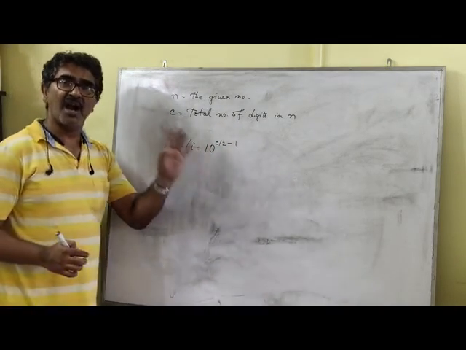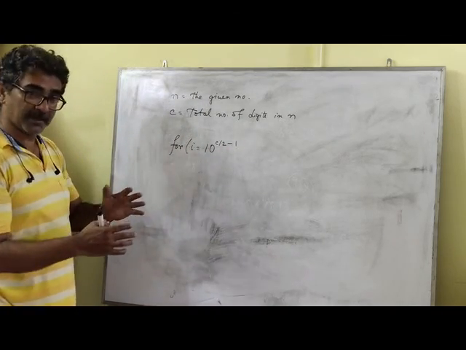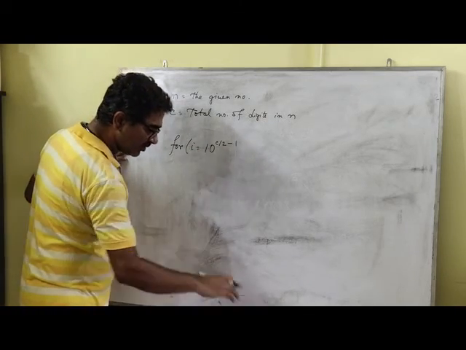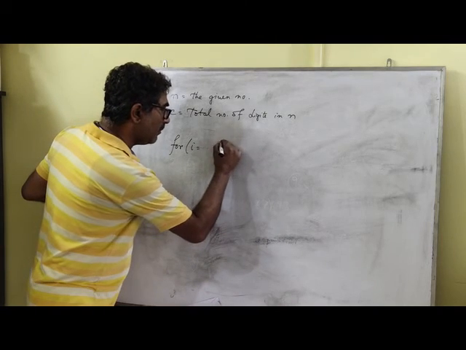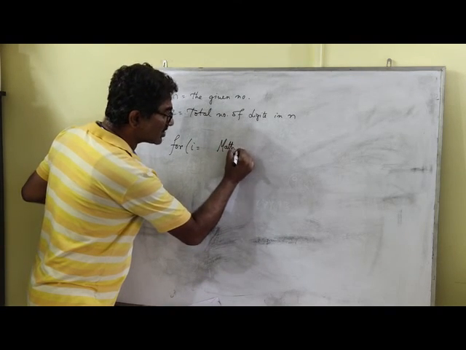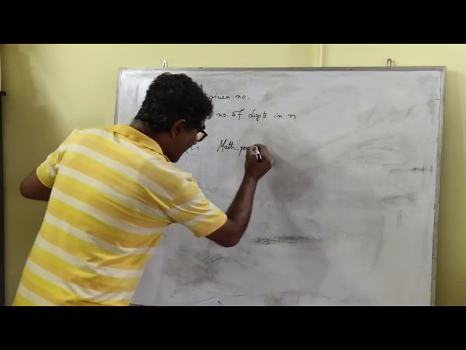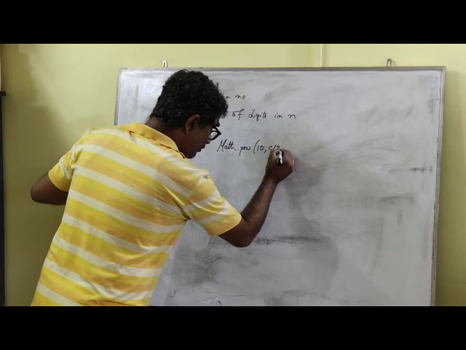So in Java, how do we write this? We cannot write it with a superscript in Java. You cannot type it that way. Instead, we are going to substitute it with Math.pow, because this function is supposed to raise a number to the power of another number. So Math.pow(10, c/2 - 1).